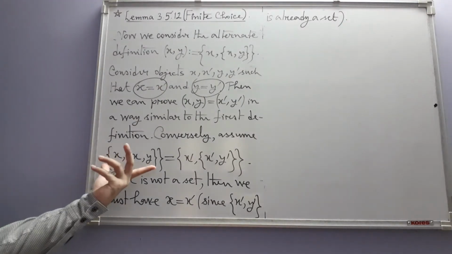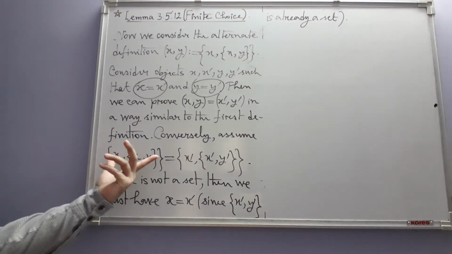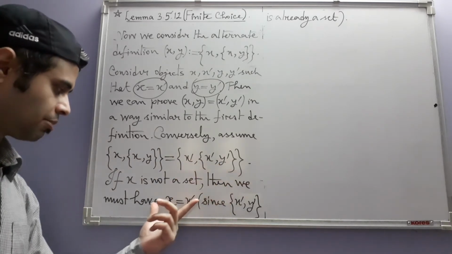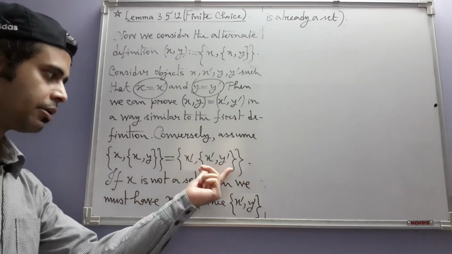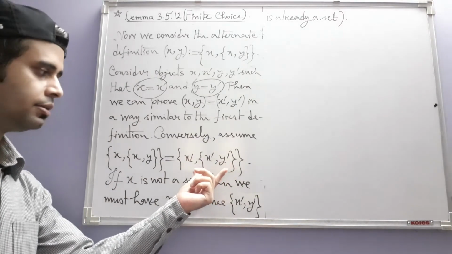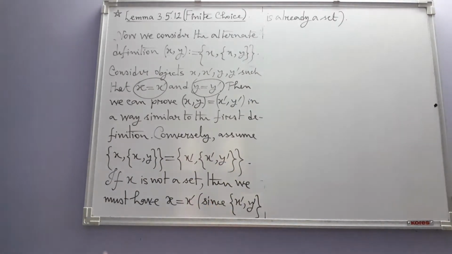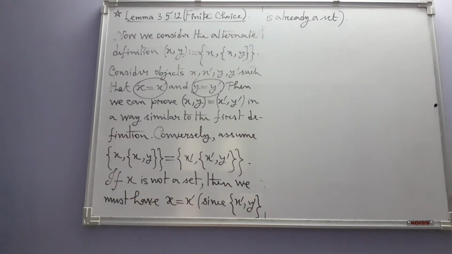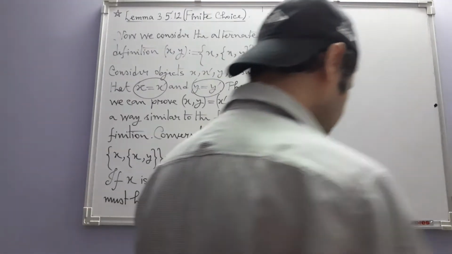Because x belongs to the left hand side set, it has to belong to the right hand side set. But if x is not a set, it cannot be equal to this clearly, since this is already a set. So here we directly get the fact that x is equal to x prime.